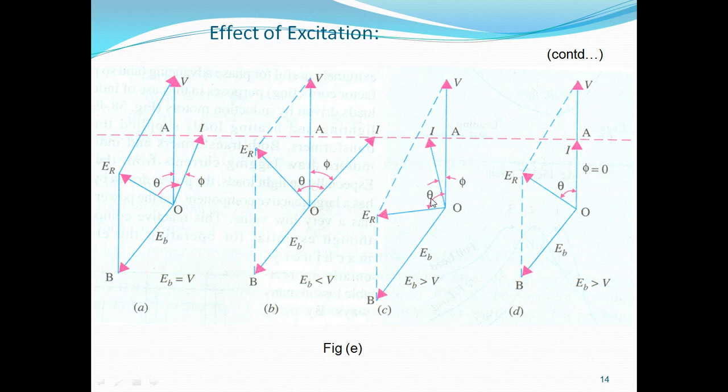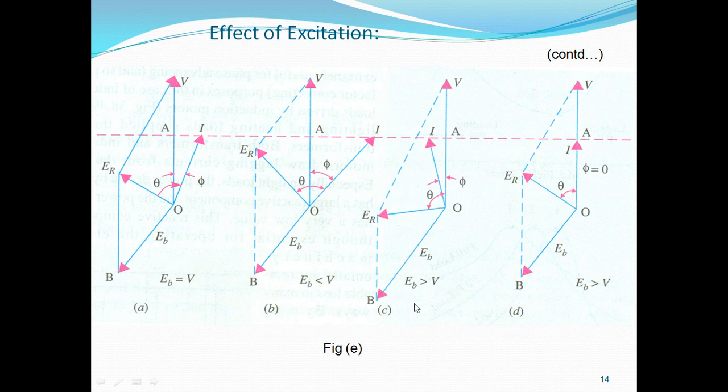So automatically, when ER is moved anti-clockwise, the current also moves anti-clockwise. See here. Previously, I was towards the left-hand side of V. Now it is on the right-hand side of the V voltage. That is, the current leads the voltage by an angle phi.